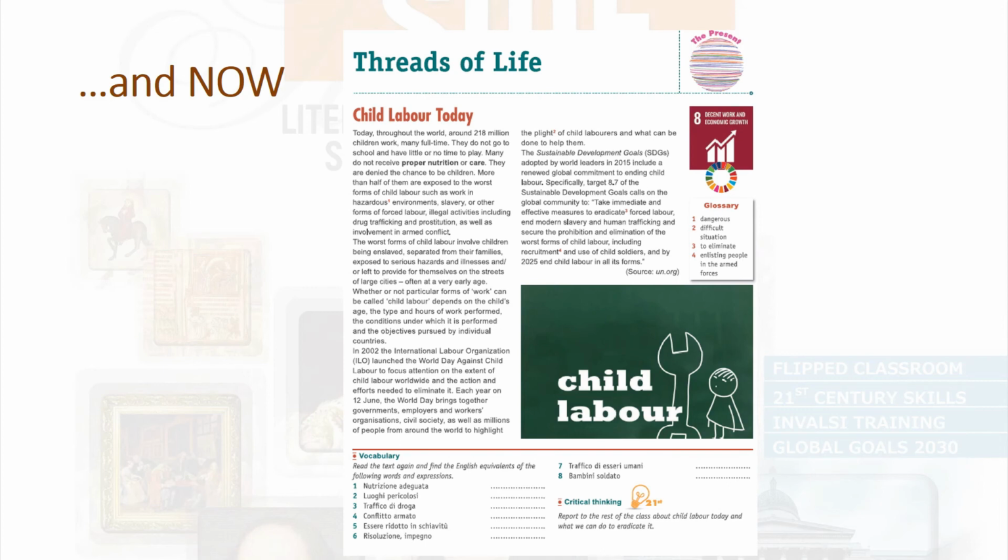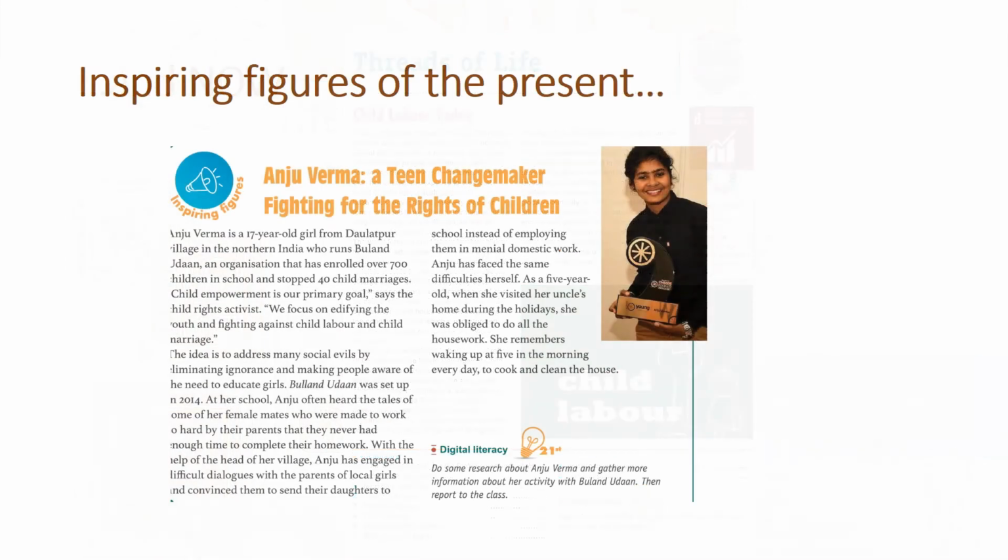And child labor is something which is still present in today's world, unfortunately. So the students will read about this phenomenon, and will also be invited to think critically about it.